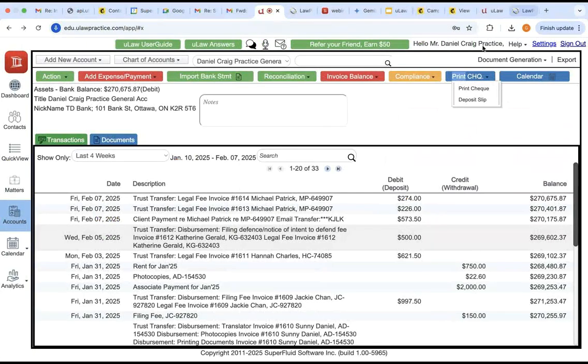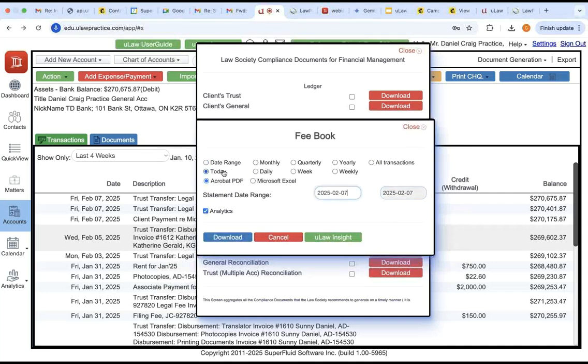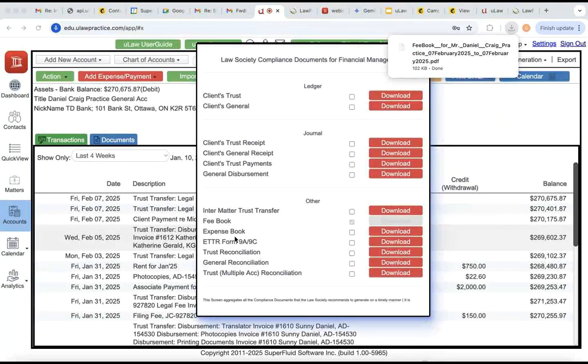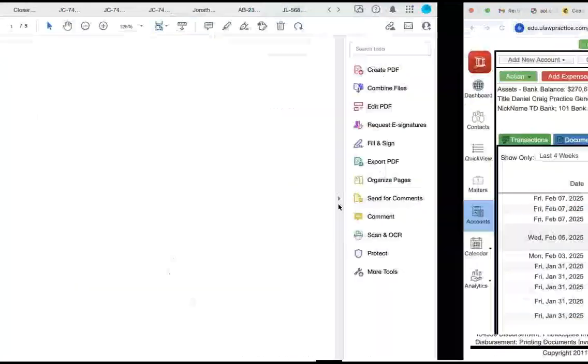Going back into compliance documents, we also have something called as fee book, which I'd like to showcase with all the fee that has been generated today. Let's say we download the fee book. It has the invoice number with taxes, without taxes, total, everything in there.